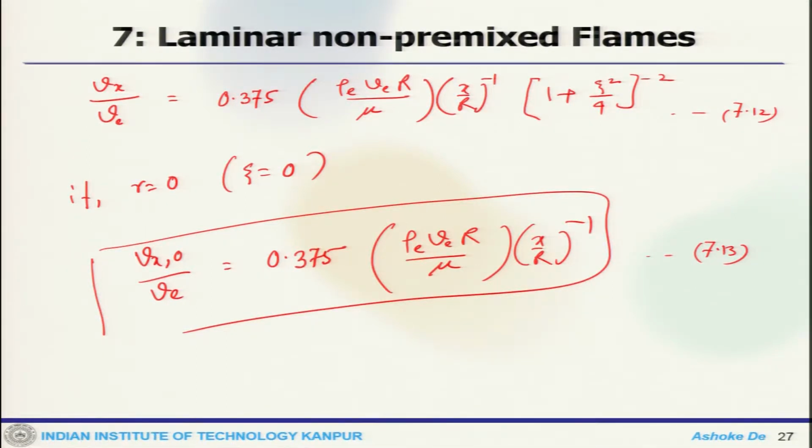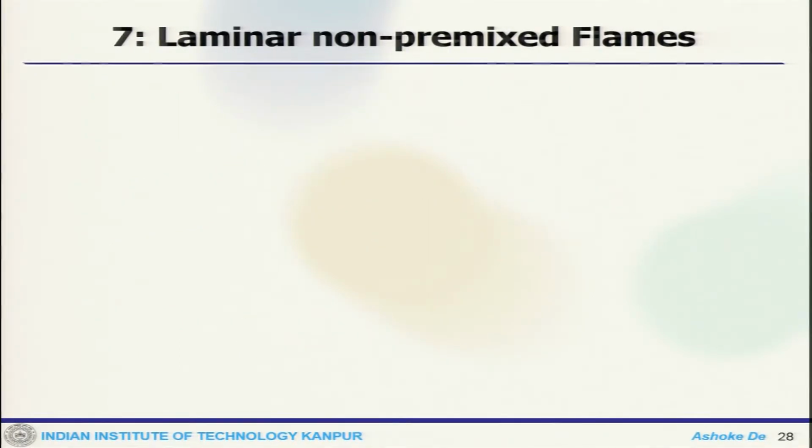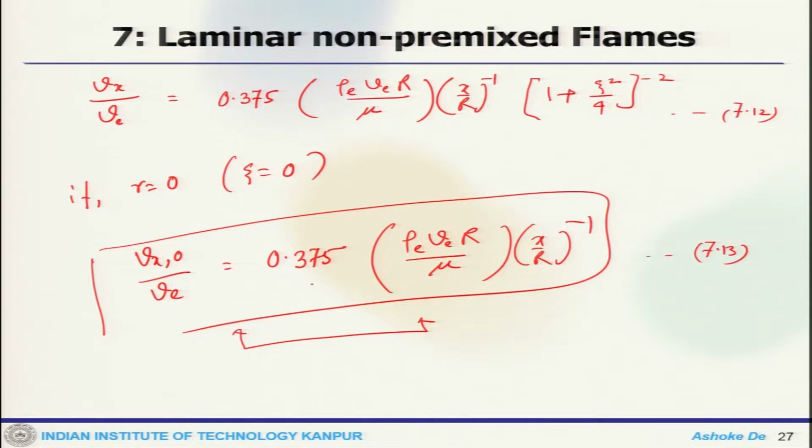Now, this clearly shows how the center line velocity decays. The velocity decay is inversely proportional to the axial distance and proportional to the jet Reynolds number. The jet Reynolds number is defined as rho e V e r by mu.